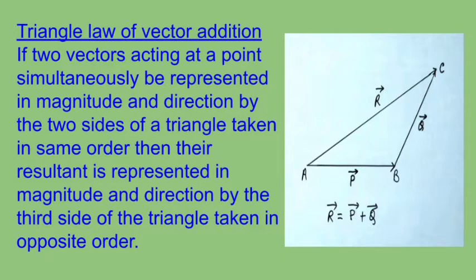Here vector r is equal to vector p plus vector q. In the given triangle, you can see side AB represents vector p, side BC represents vector q, and their sum, vector r, is represented by side AC.